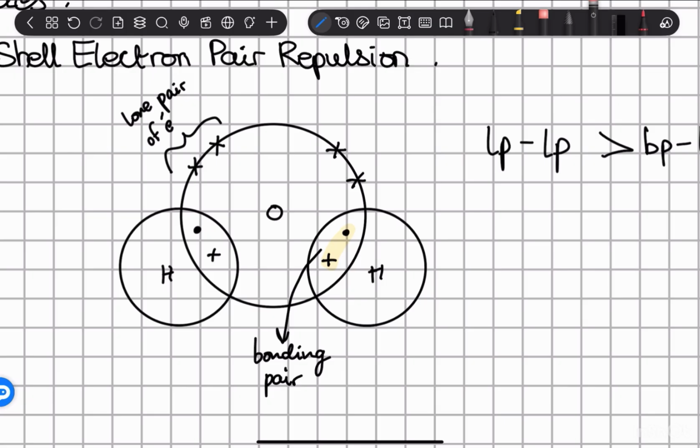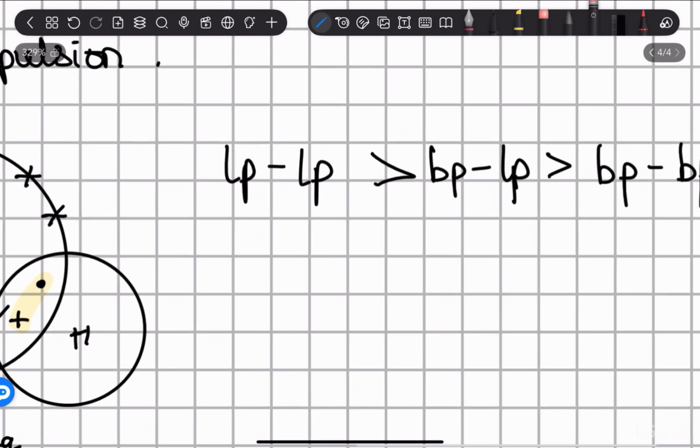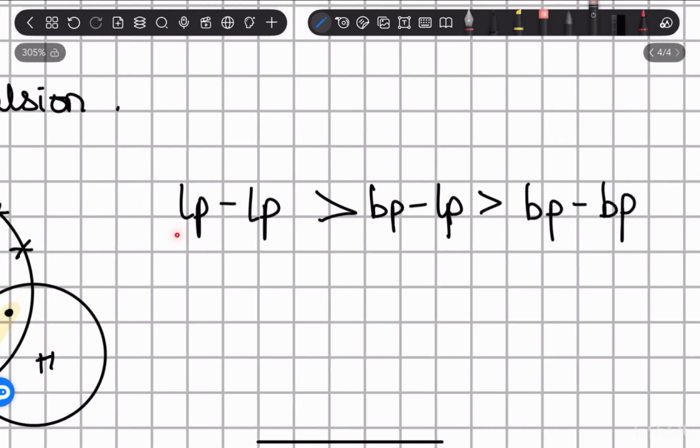However, how much is this repulsion? Does it vary? It does. This is how it varies. Lone pairs repel each other more than they would repel with a bonding pair.